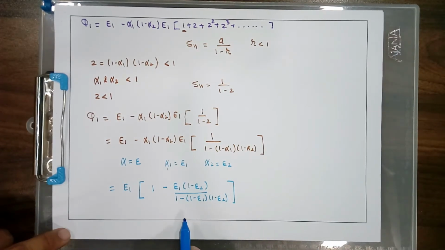Now I am taking the LCM. So this term becomes E1 in the bracket, 1 minus (1 minus E1)(1 minus E2) minus E1 (1 minus E2), divided by 1 minus (1 minus emissivity 1)(1 minus emissivity 2).